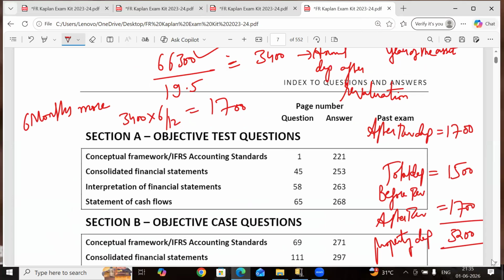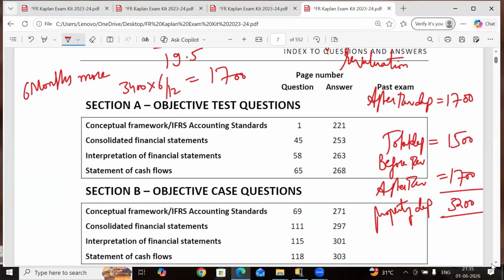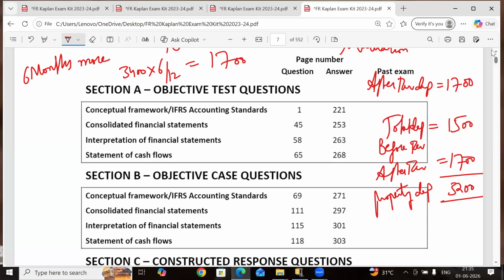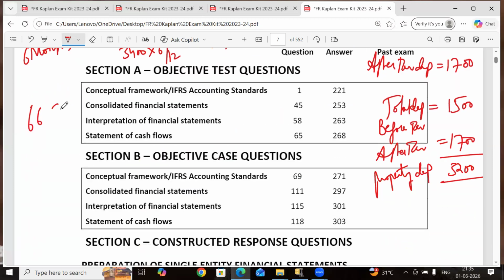So we have to take the asset. 66,300 was the asset after 6 months of revaluation, minus the depreciation after revaluation.